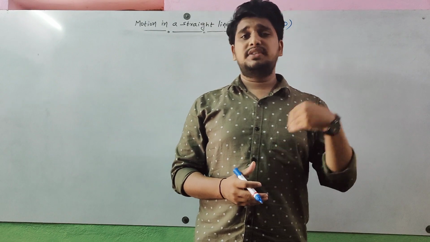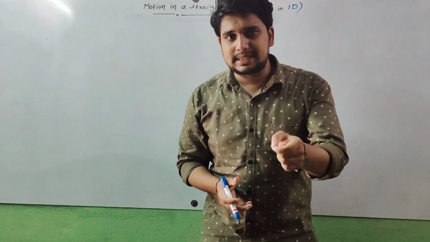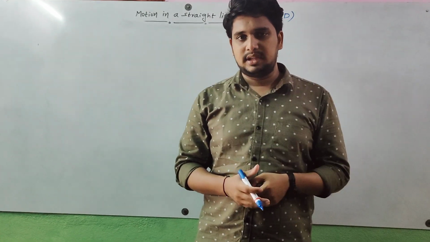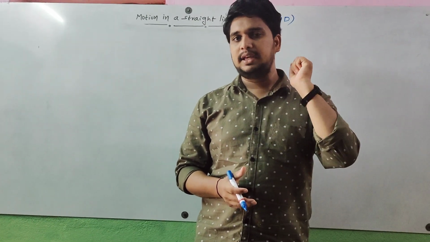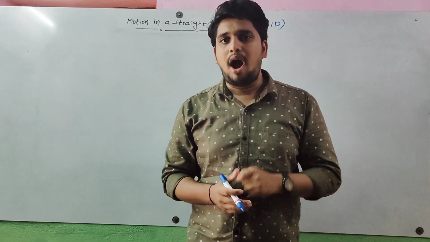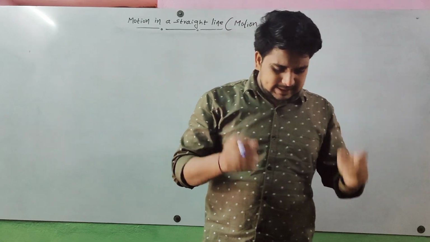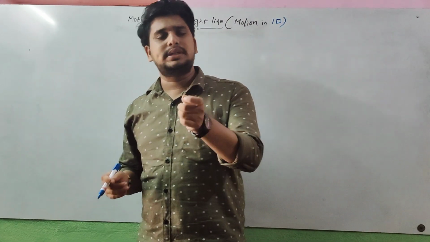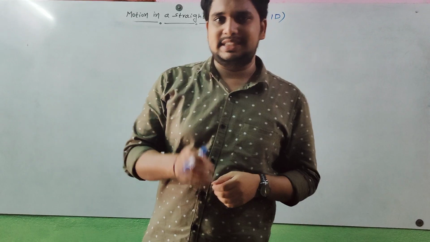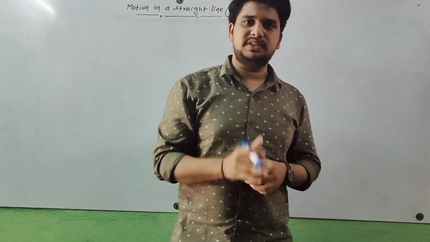And after completion of this, I discussed when a body is projected vertically upward. Listen friends carefully. When a body is projected vertically upward, how will acceleration vary? So listen here. Whenever we project a body vertically upwards, definitely the body will move under gravity. Is it or not?